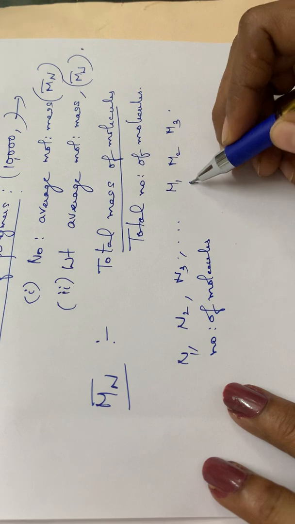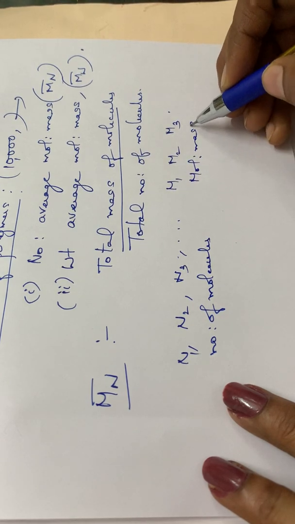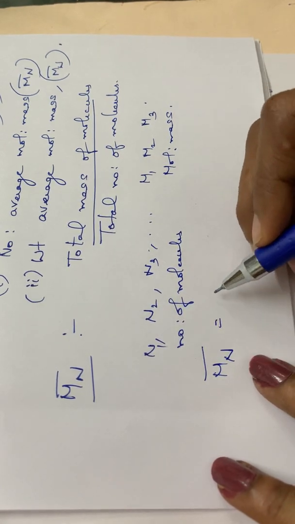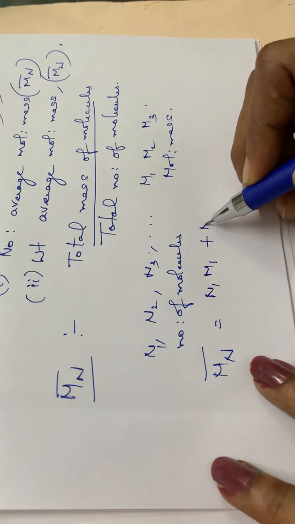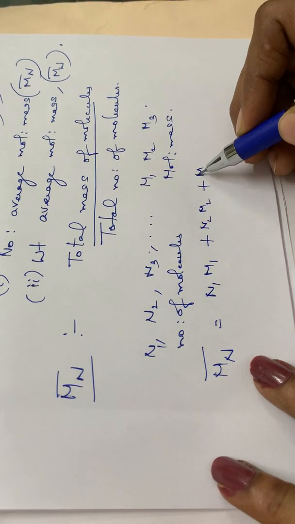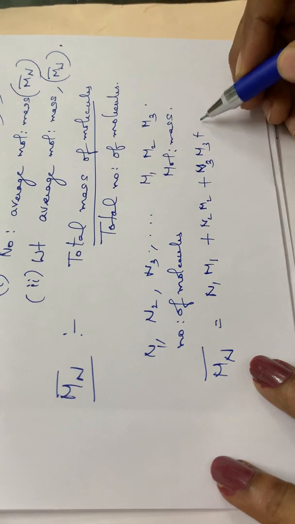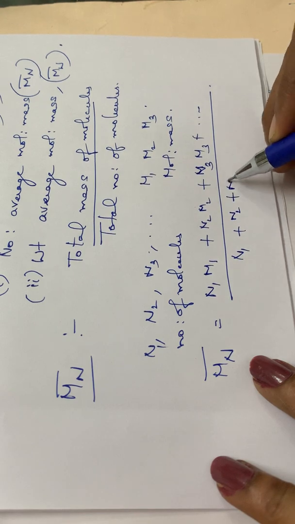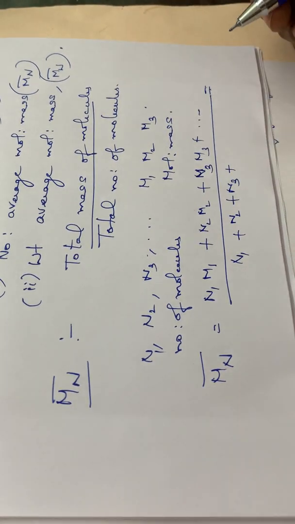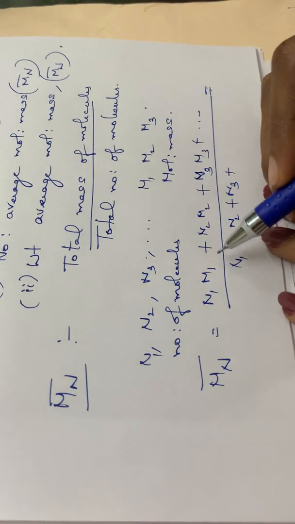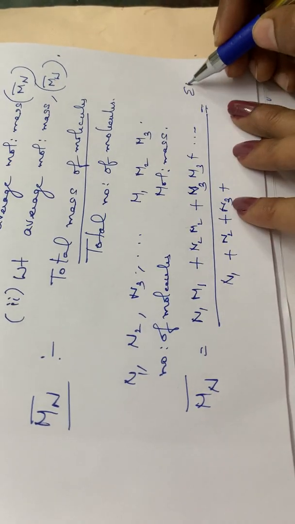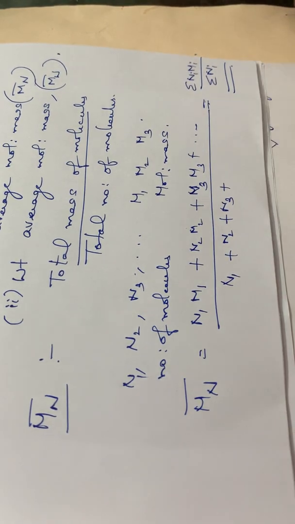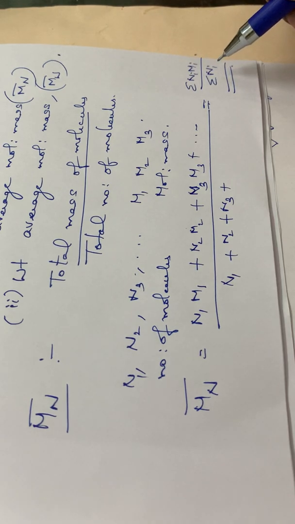So we can write the number average molecular mass as M bar n is equal to N1 M1 plus N2 M2 plus N3 M3 plus etc. divided by N1 plus N2 plus N3 plus etc. Okay, so in brief, we can write it as the summation of Ni Mi divided by summation of Ni.